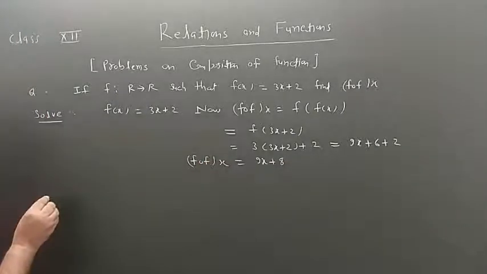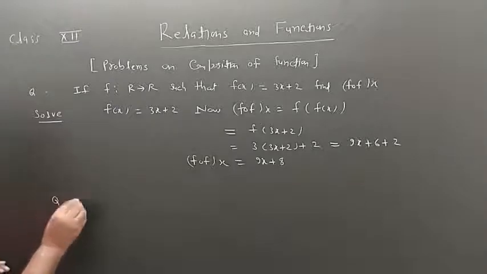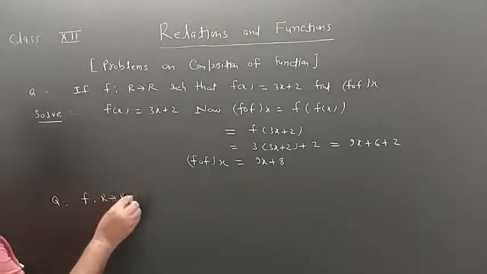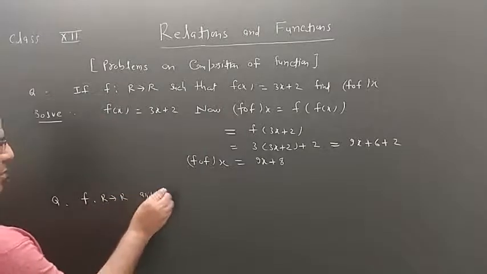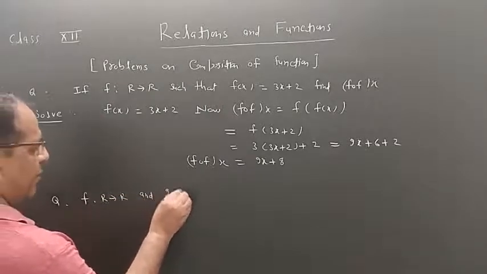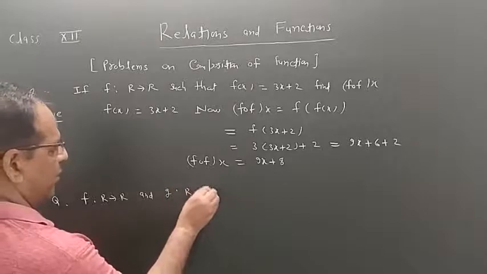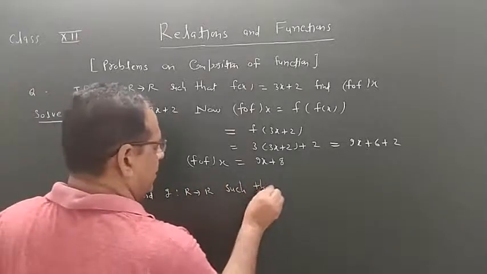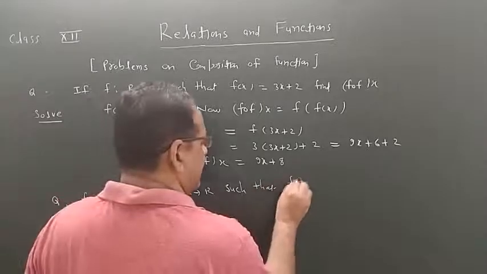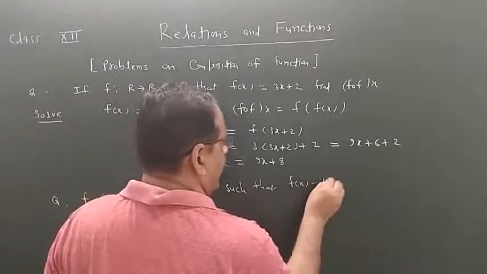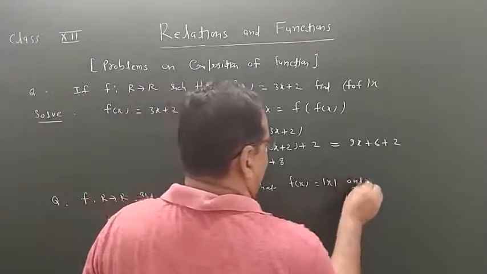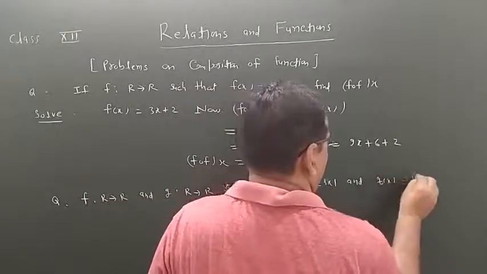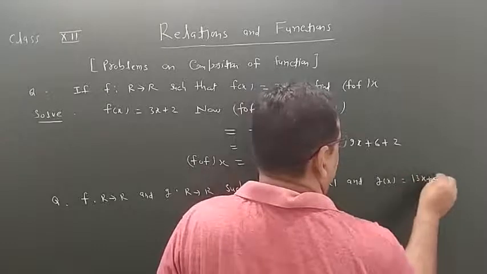Now I am taking one more question. f is a function from R to R and g also a function from R to R such that f(x) equals mod x and g(x) equals mod of 3x plus 4.